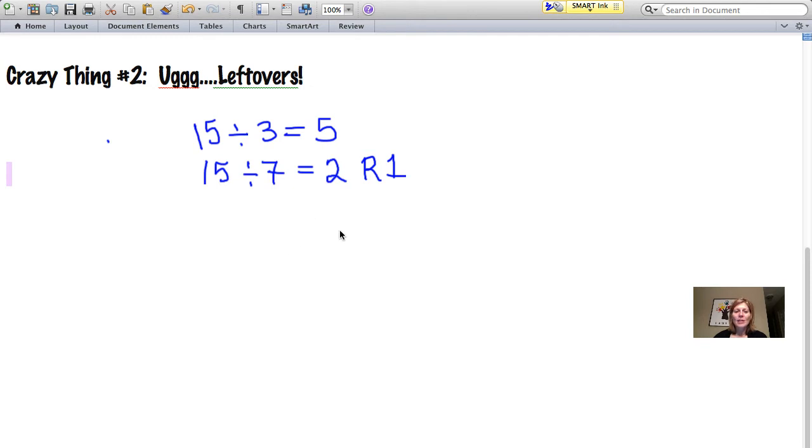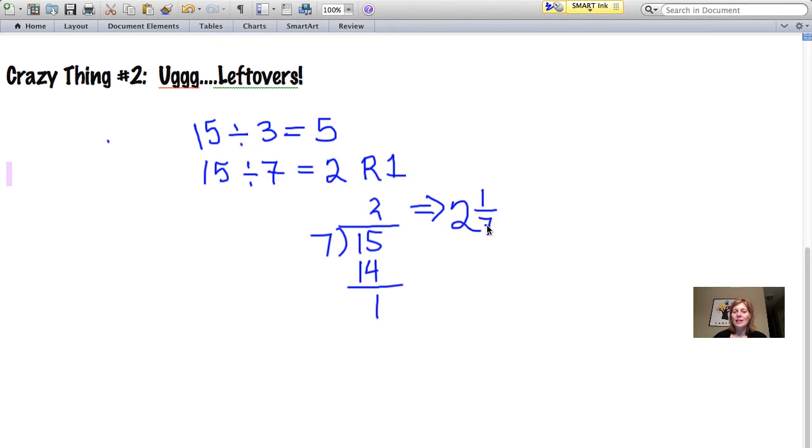All right? And how that would look in long division, let's just remind ourselves, is 7 would go into 15 2 times. 2 times 7 is 14. I subtract those, I'm left with a 1, and 7 doesn't go into 1. But what I could say is the answer to this is 2, and now take the 1 and divide it by 7.